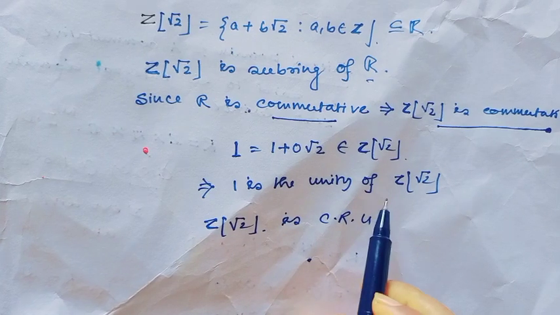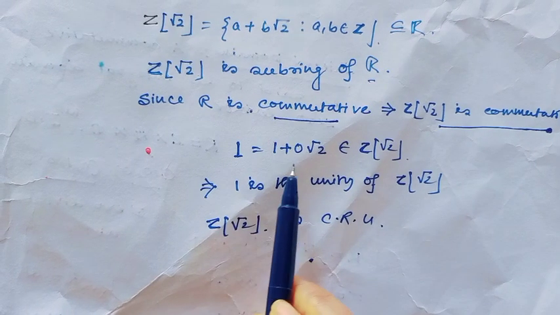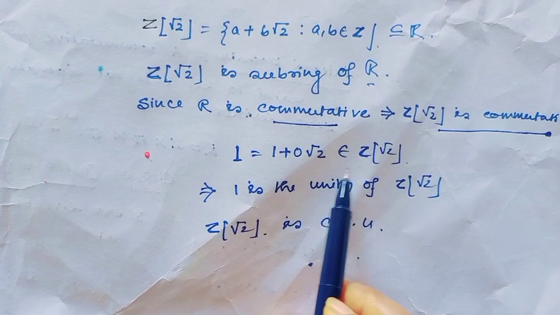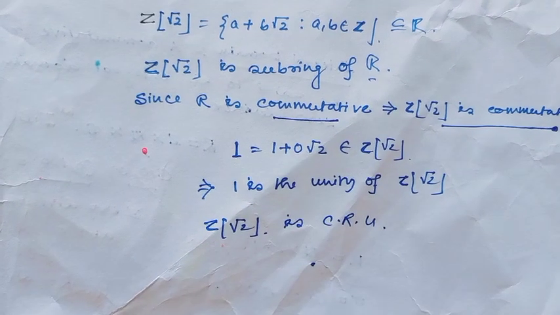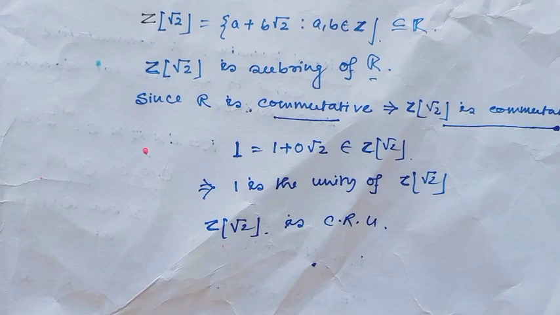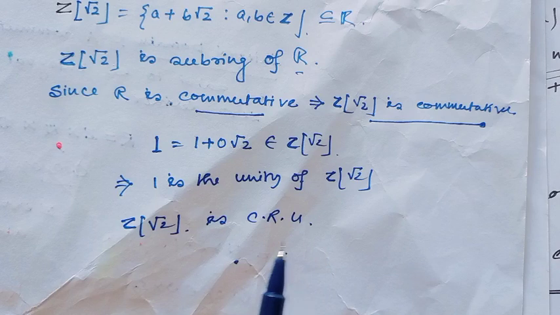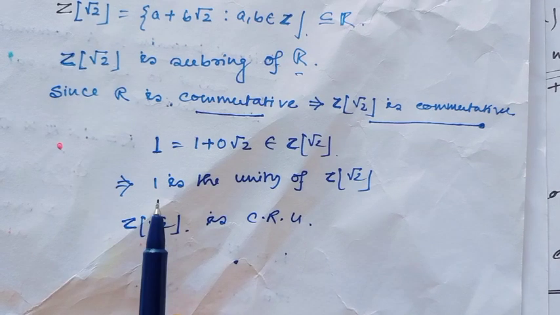And 1 is the unity of Z root 2, because 1 equals 1 plus 0 root 2, which belongs to Z root 2. That means Z root 2 is a commutative ring with unity 1.